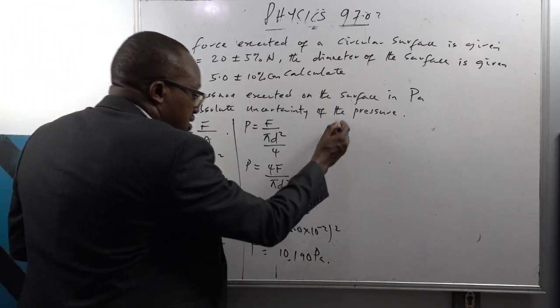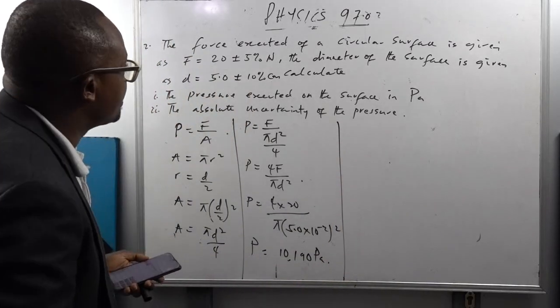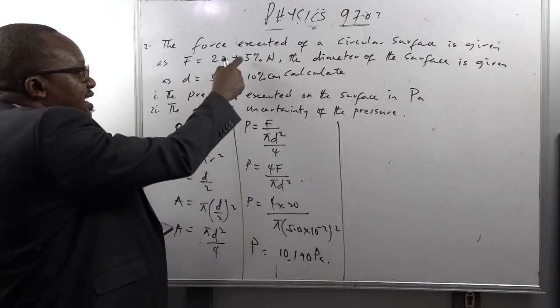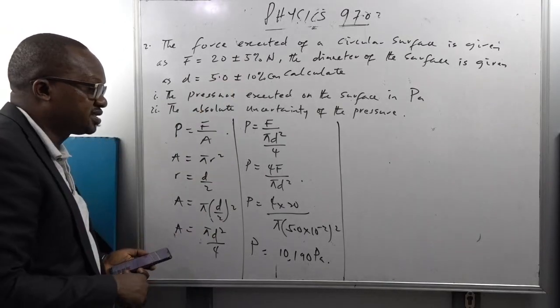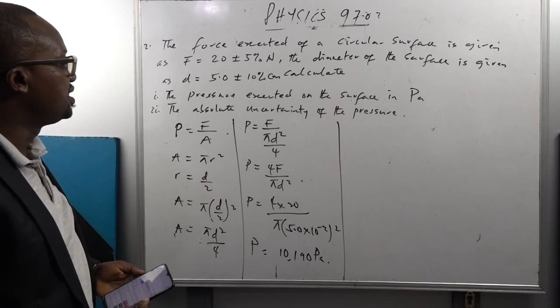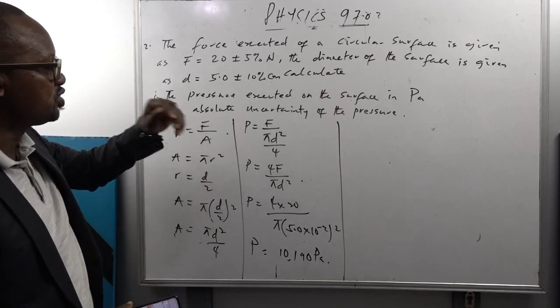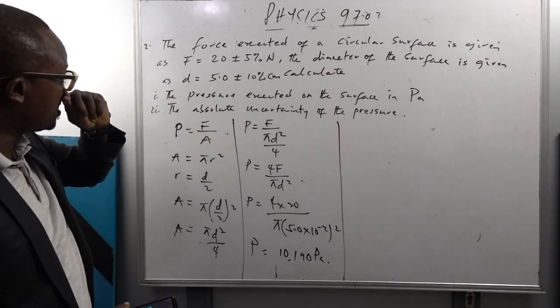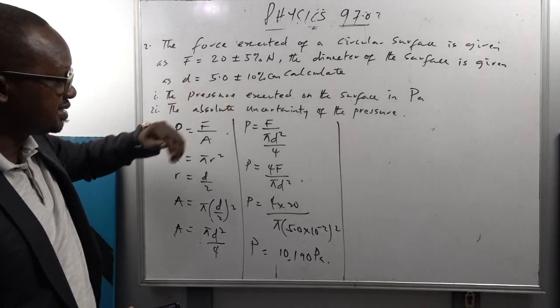Okay? Then from here, since you were given the percentage of certainty of each of the readings, it will be easier for you to find the absolute certainty by first calculating the percentage certainties.